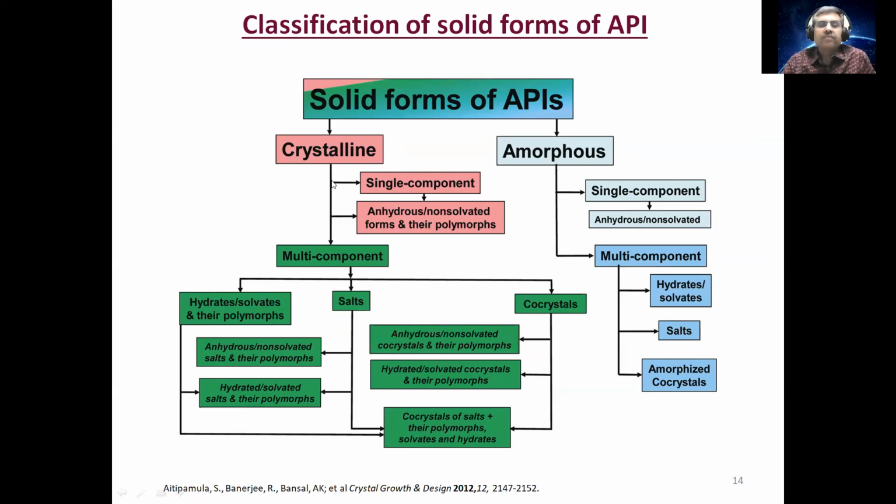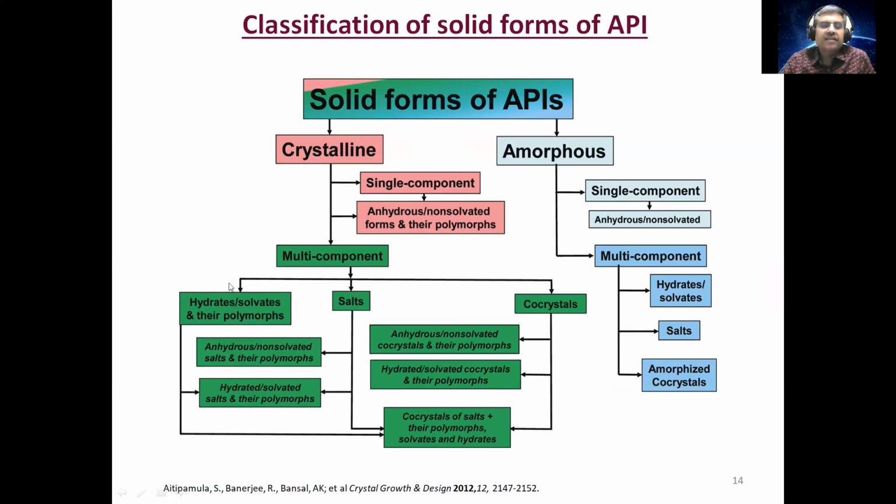The crystalline form could either be single component or multi-component. Within the single component, you can have anhydrous or non-solvated form and their polymorphic forms. Multi-component crystalline solids include hydrate, solvate, and their polymorphs, salt forms, and co-crystals.